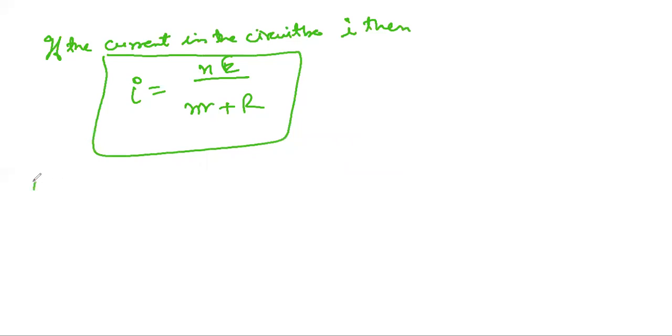There will be some conditions. First one, if nr is far less than R, it means the internal resistance of the cell is less than the external. So your equation will become I is equal to nE divided by R approximately.